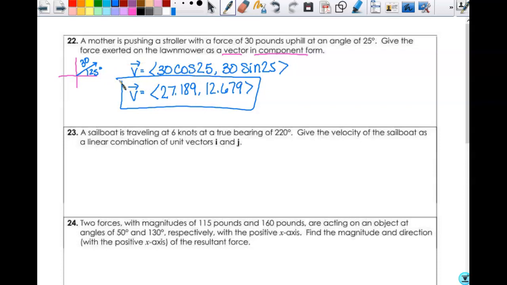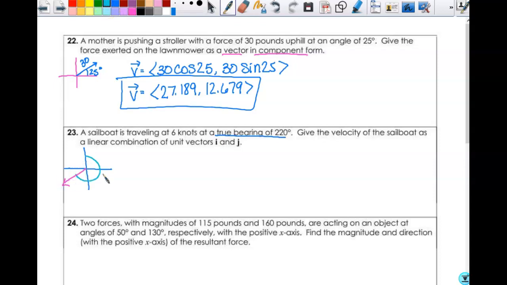Okay. 23. A sailboat is traveling at 6 knots on a true bearing of 220 degrees. Give the velocity of the sailboat as a linear combination. Okay. True bearing 220 degrees. As I start here at 0, this is 90, 180. This will go all the way to 270, so 220 is in here somewhere. All right? Here's my vector.